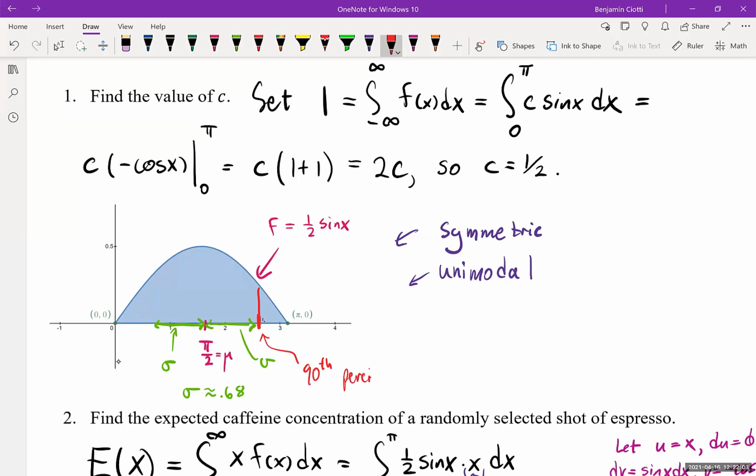How do we find it? So let's make this a yes or no question. Will it be the integral from 0 to 0.9 pi of the distribution? Yes or no?